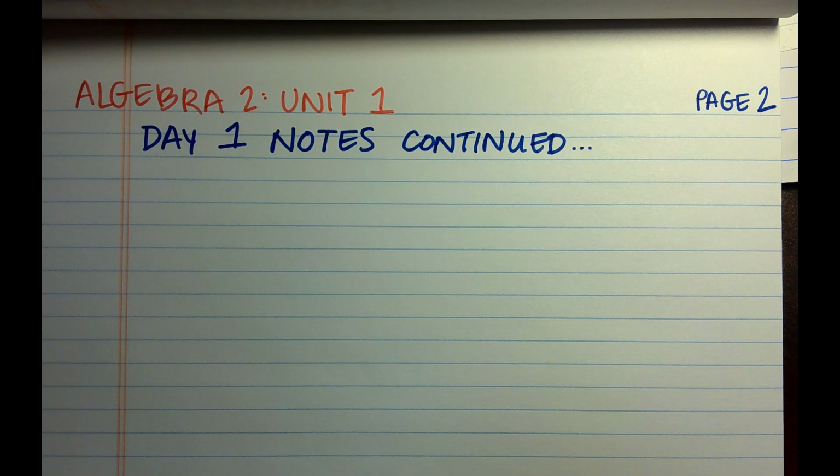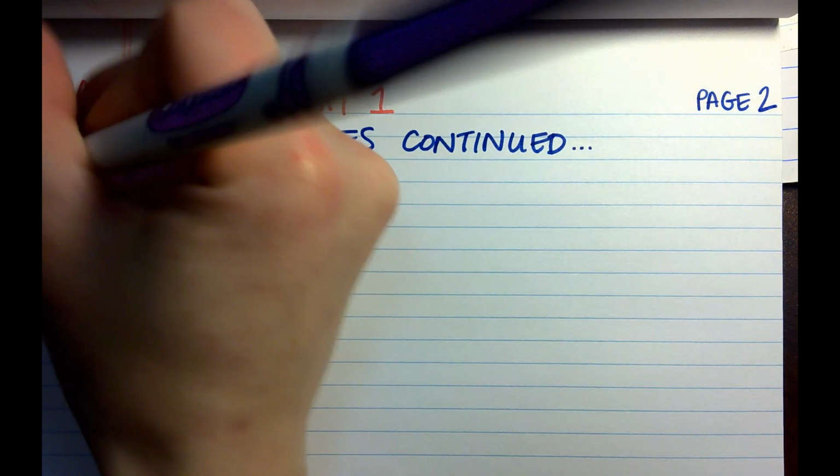The next thing we're going to talk about is exponents and what we do when we multiply and divide them. Now, especially my Algebra 1 people from last term, we just did a whole bunch of this, so we're picking up right where we left off. Let's write a little title here.